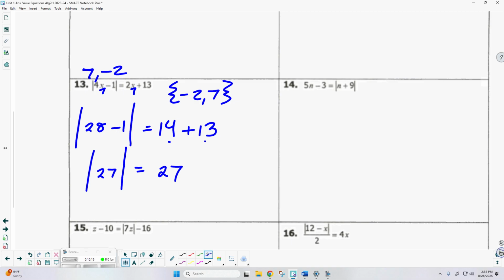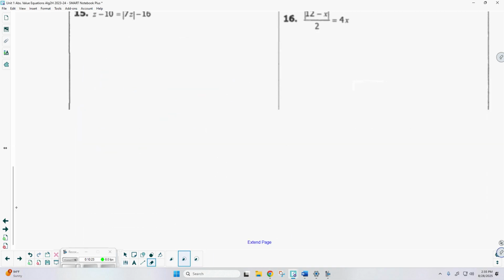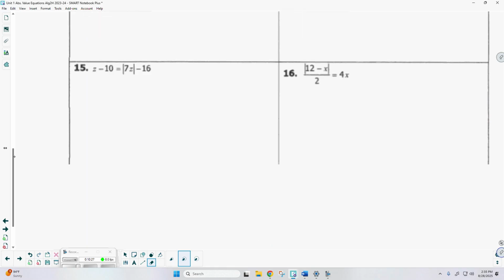What number? 15. Let's look at 15. Okay. All right. Now in 15, z minus 10 equals the absolute value of 7z minus 16. Okay. Now here, I'm not ready to create my two equations.